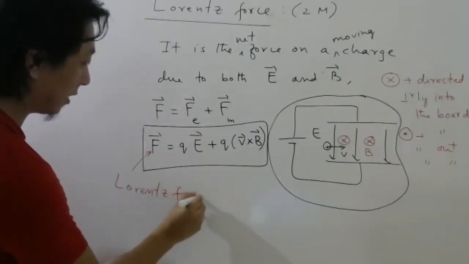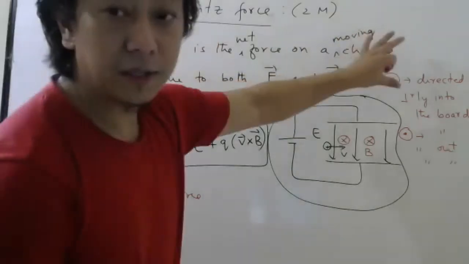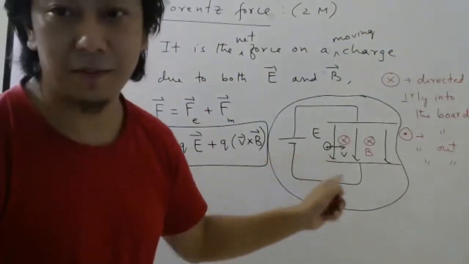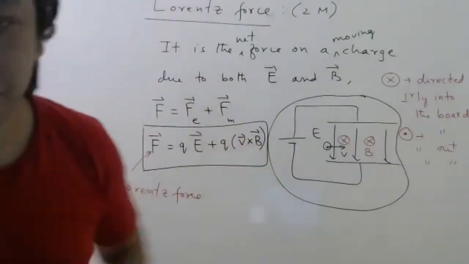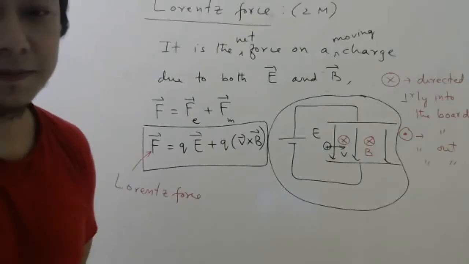Two marks, okay. First write the definition, then write the formula. Don't draw this diagram. They will not give you marks for writing extra things, okay. Please write down.